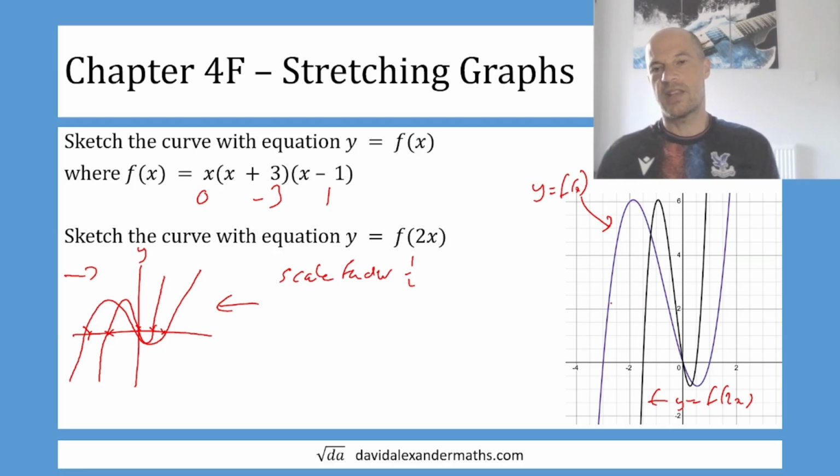That's what a scale factor of a half means. It's occupying half as much horizontal width, and that's why it's going through at -1.5 instead of -3. And here, instead of it going through at 1, so this is 1 here, it's going through at 1/2.